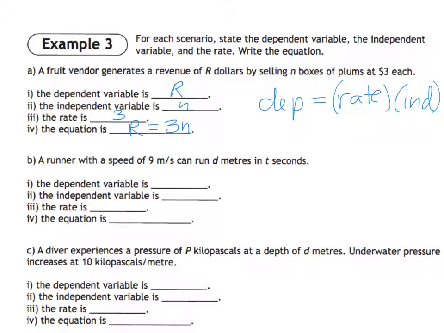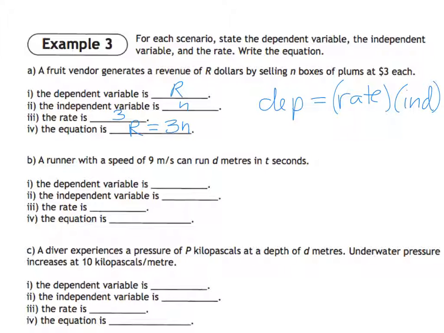The next one is a runner with a speed of 9 meters per second can run d meters in t seconds. So, does the distance he runs depend on the amount of time he's been running? Or does the amount of time he's been running depend on the distance that he runs? Which one is dependent, and which one is independent?